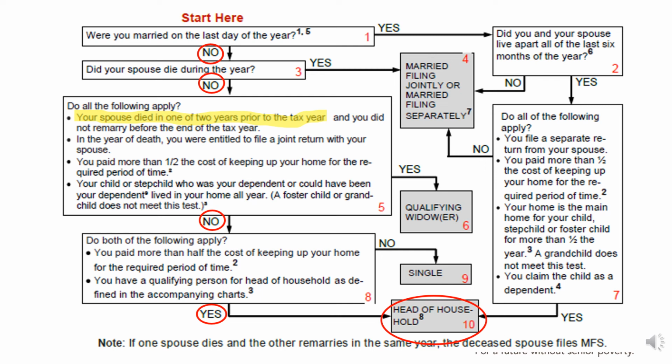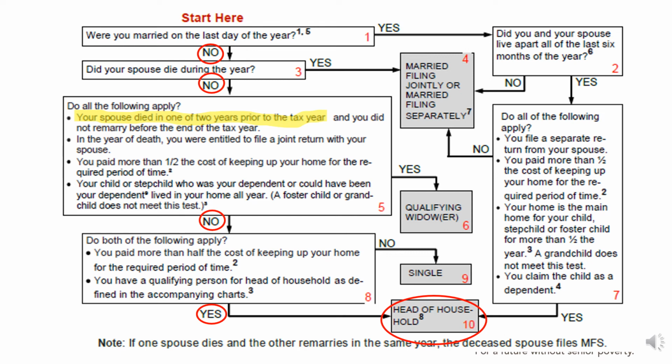So you'll see inside some of the boxes, they'll have a little number superscript up at the top, number 2 or number 1, number 3. Those point to footnotes. So you go to the bottom of the page 8 in your resource tool and you look up the footnote and you read through and make sure that the footnote doesn't have any impact on your decision.